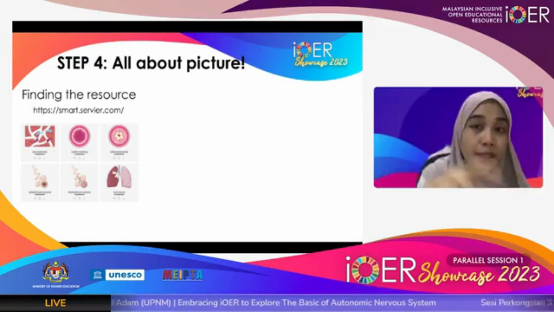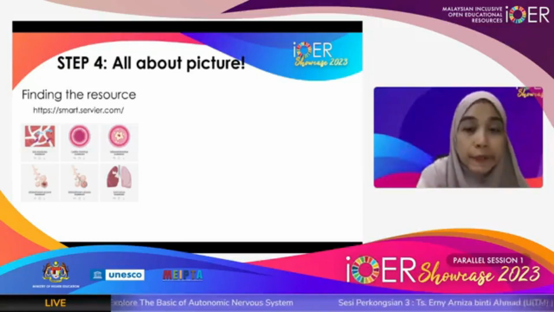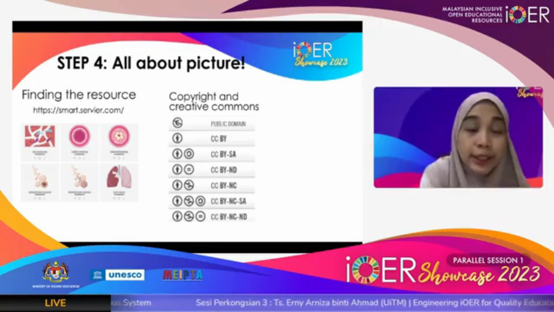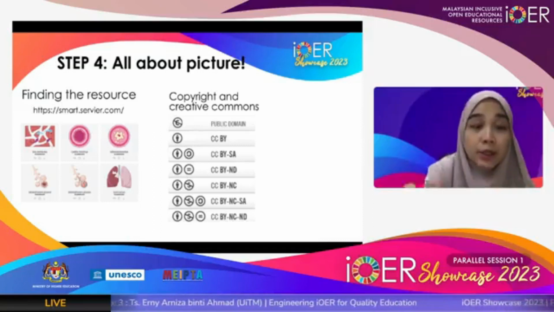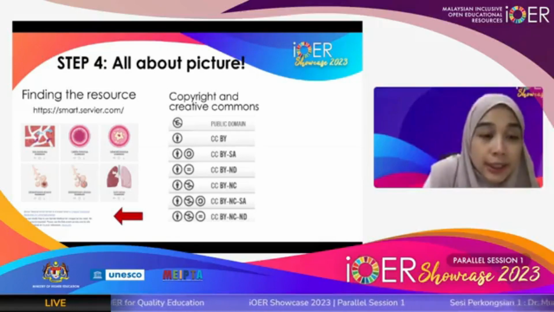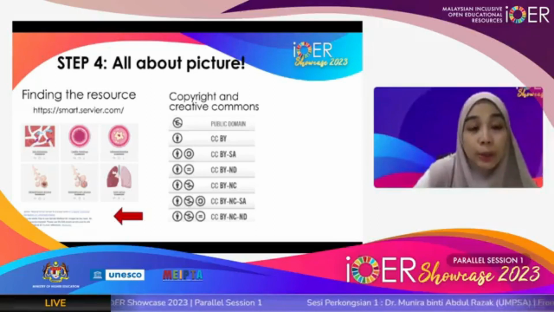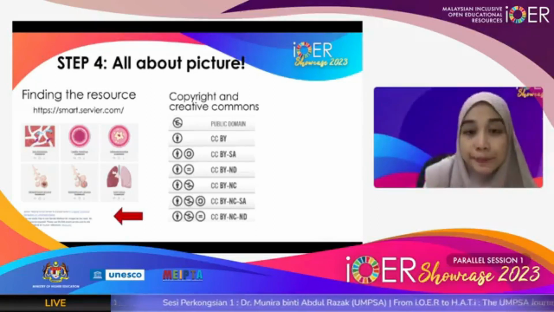But for pictures in iOER, you have to ensure the copyright and Creative Commons licensing. You have to make sure whether it can be shared, used, and repurposed. For the example that I have put today, for smartsaviour.com, the license is Creative Commons Attribution, so you can use it without permission and just cite them whenever you use the picture.